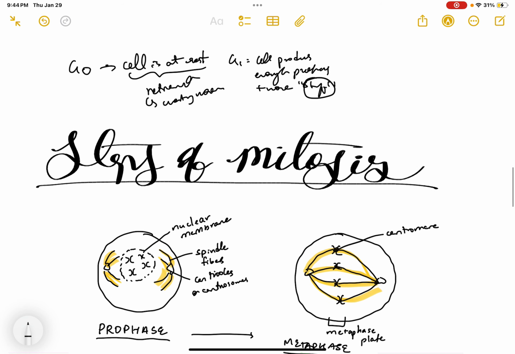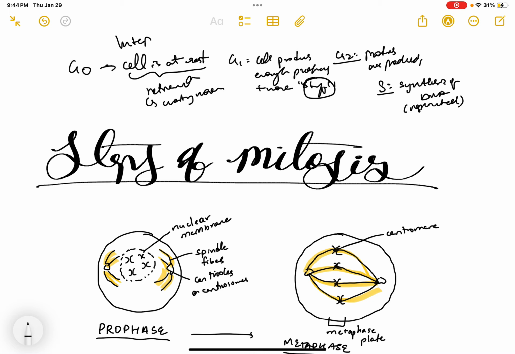Then after that, there is G2, where again proteins are produced, basically a continuation of G1. Then there's the S phase, where synthesis of DNA occurs. So DNA is essentially replicated here. So G0, G1, G2, and then we have S.